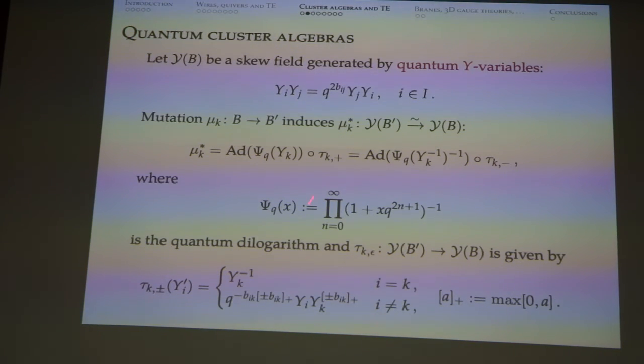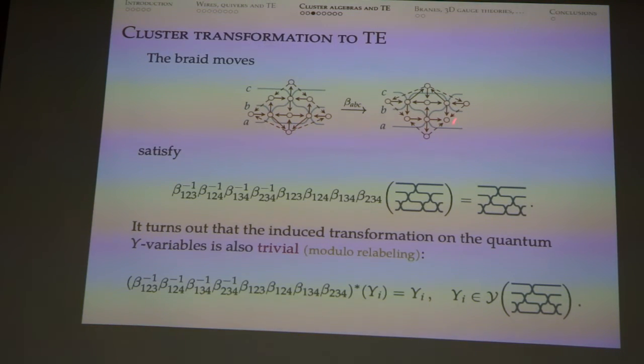But anyway, there's some formula for mu_k star, and it gives you an isomorphism between the quantum cluster algebras assigned to quivers related by mutation. So the idea is I had a sequence of mutations, and I would like to consider the corresponding isomorphisms. Okay, so let's try to do that.